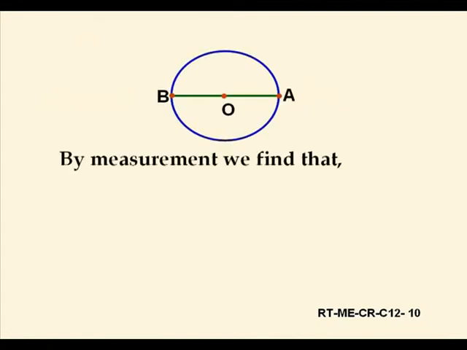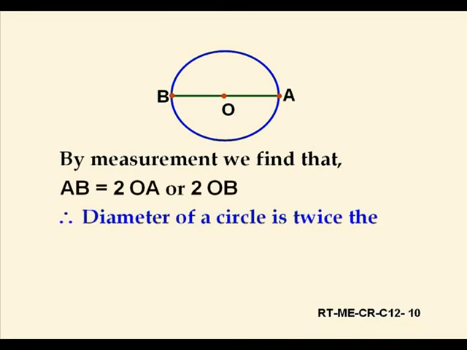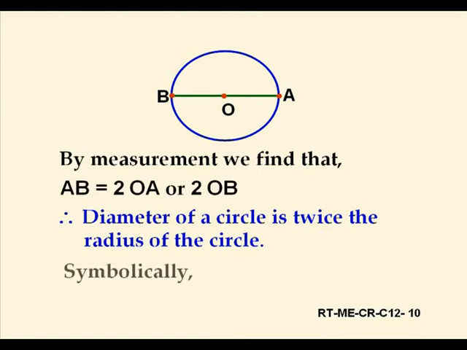By measurement, we find that AB is equal to twice OA or twice OB. Therefore, diameter of a circle is twice the radius of the circle. Symbolically, diameter D is equal to 2R or R is equal to D by 2.